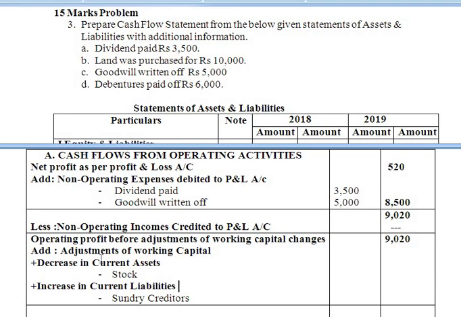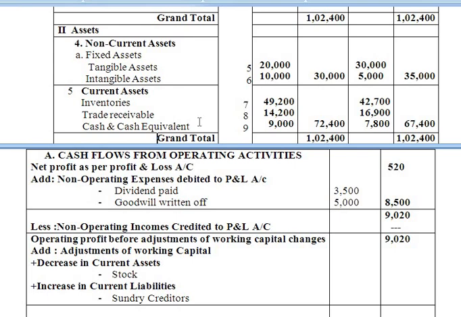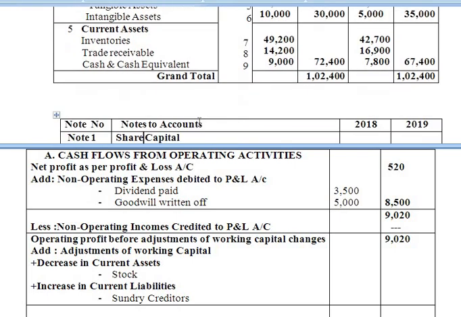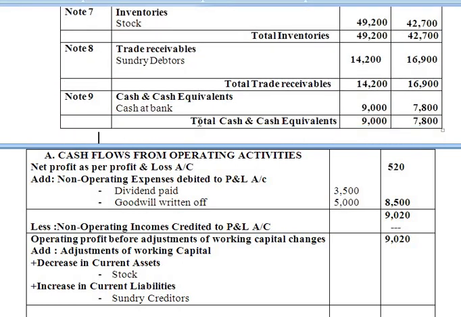Okay, now first one is decrease in current assets. Now check the current assets given in the problem. We have three current assets: inventories, trade receivables and cash equivalents. The details are here. Inventories, that is stock, is 49,200 and 42,700, which means there is a decrease in the inventories.